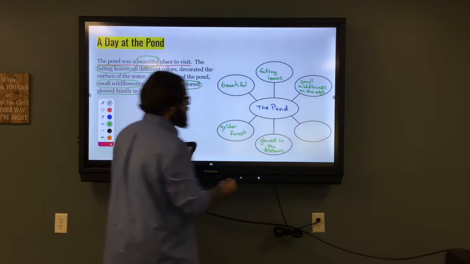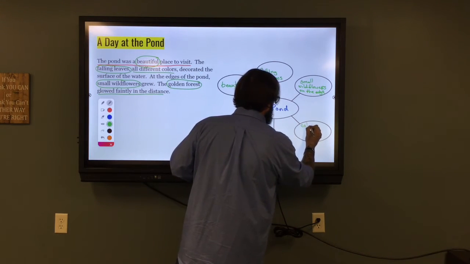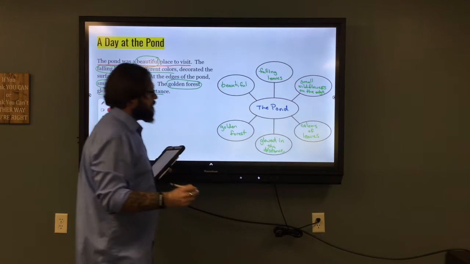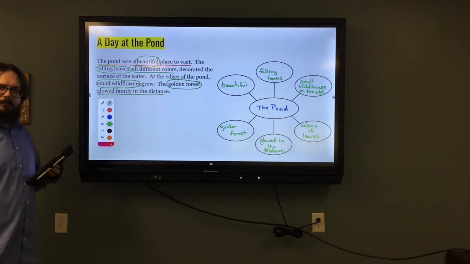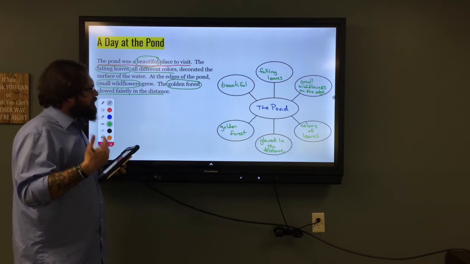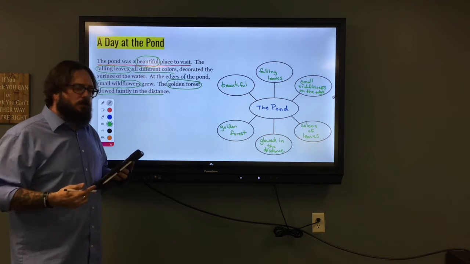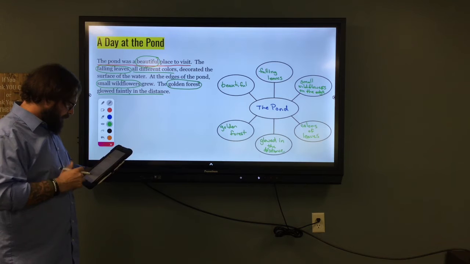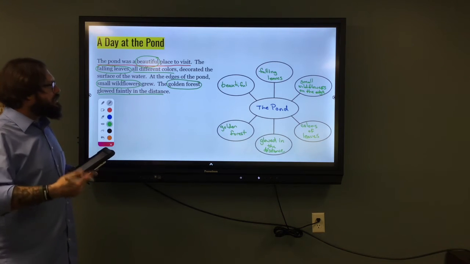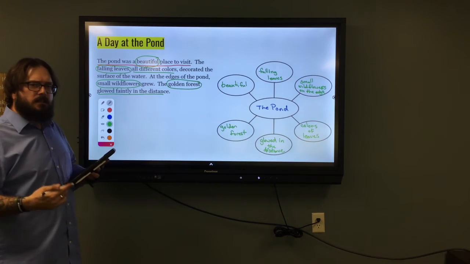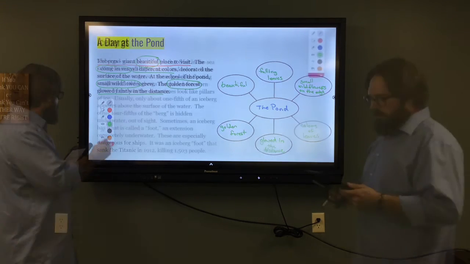And then finally, the colors of the leaves. So each of these details are describing why the pond is beautiful. So every sentence in this passage is supporting this author's opinion that the pond is a beautiful place to visit.